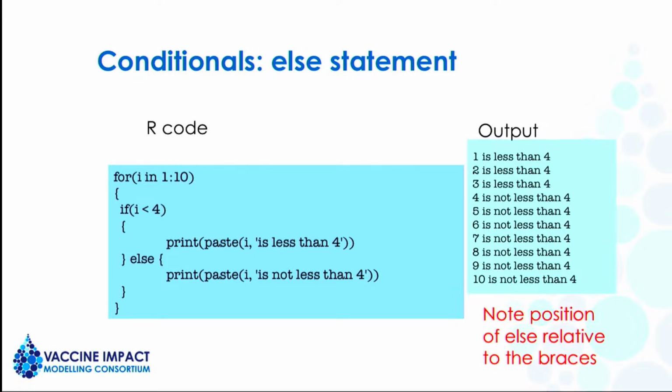What about the section where the print paste is coming in, where you wrote "is less than 4"? What if the symbol was used in place of the words? If you did the less than symbol, that's fine, because it's in the quote marks, which means it's treated as a string.